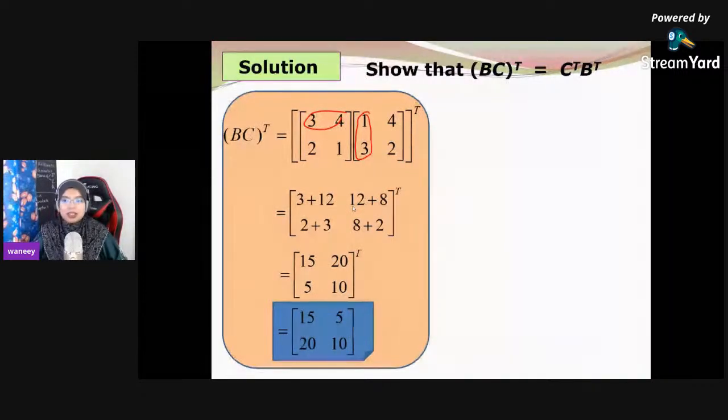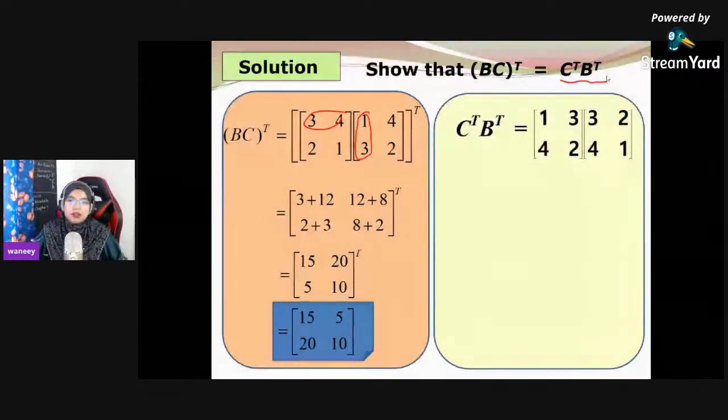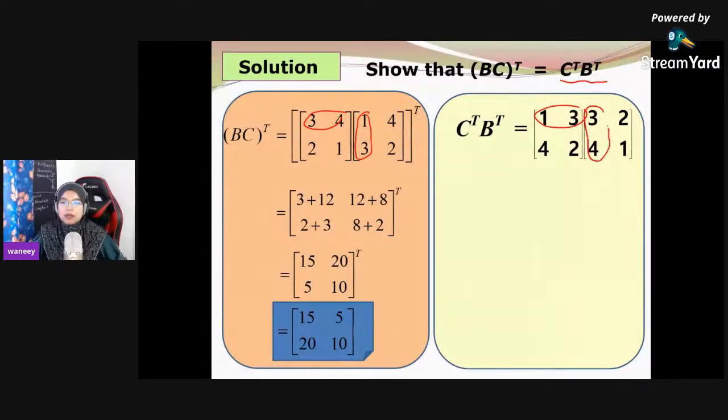So now let us calculate C transpose B transpose. So transpose them first before you times. Okay, so it will become 1, 3, 4, 2, 3, 2, 4, 1. So now we will times them. So take the row times with the column. So 1 times 3, 3 times 4. 1 times 2, 3 times 1, and so on.